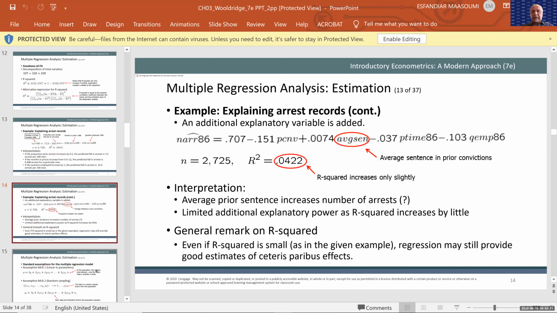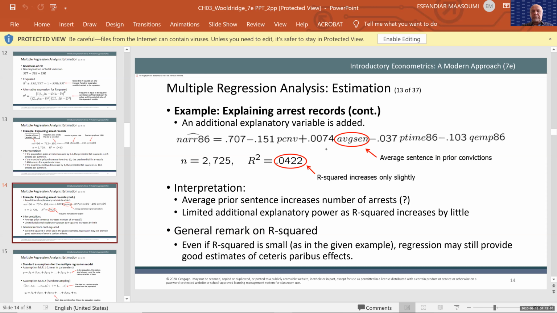If I add average sentence in prior convictions, not just time served, but the severity, it seems like it's contributing to the number of arrests. So it's not reducing the number of arrests. However, this is very close to zero, right? It may be different from zero.